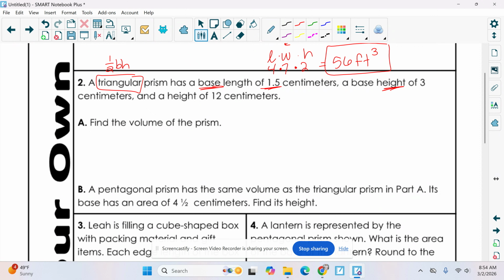So volume equals the area of the base times the height of the prism. What's my shape? A triangle. So this is my B part, which is 1/2 the base of the triangle times the height.